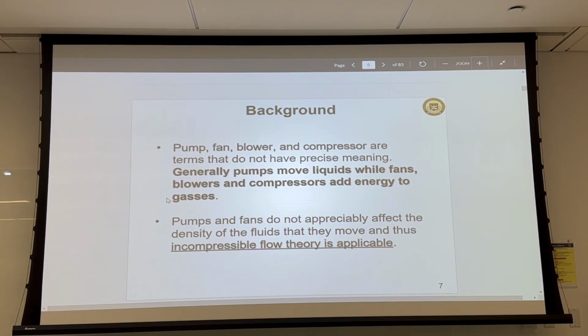Pump, fan, blower, and compressor are terms that do not have precise meaning, so they are interchangeable depending upon how you use them. Generally, pumps move liquids, while fans, blowers, and compressors add energy to gases.